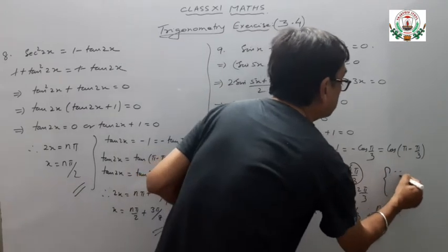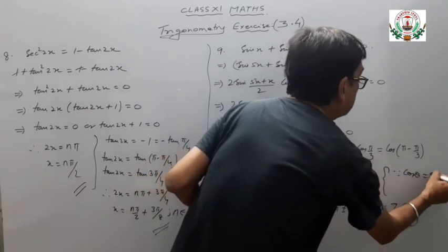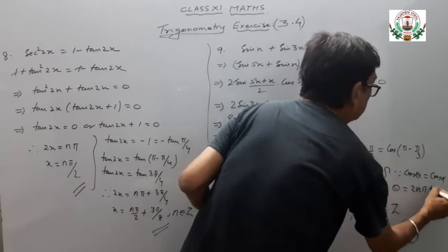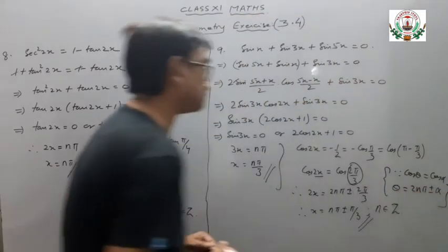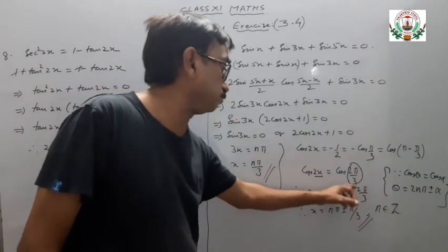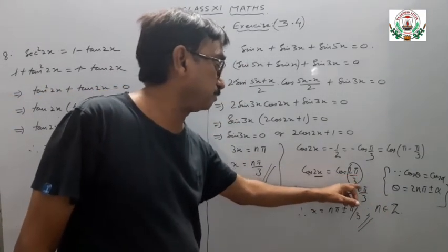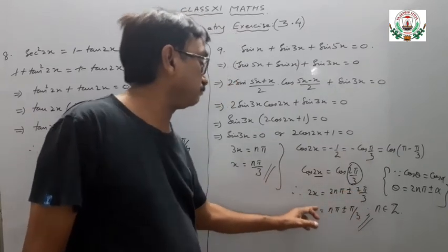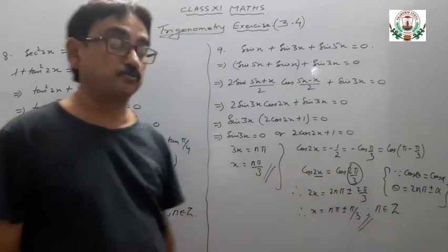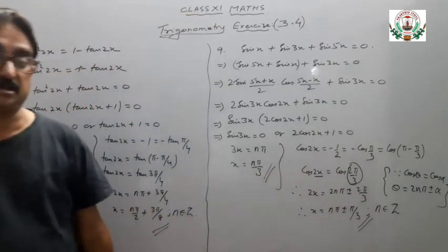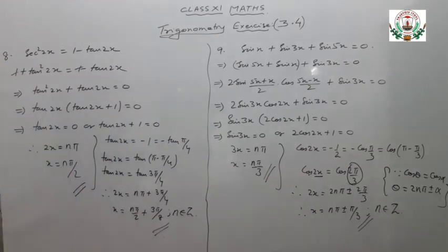So in place of theta it is 2x, 2n pi, and in place of alpha it is 2 pi by 3. So 2n pi plus minus 2 pi by 3, and we can divide all the terms by 2. So we get x equals n pi plus minus pi by 3. That is the solution, where n belongs to the integers.